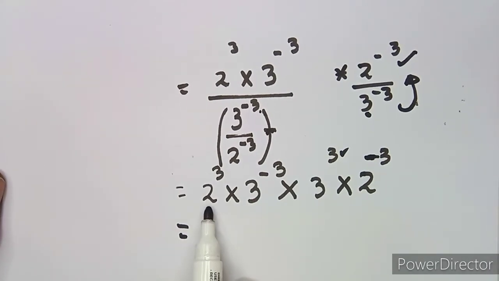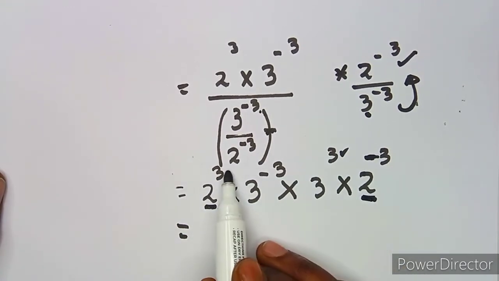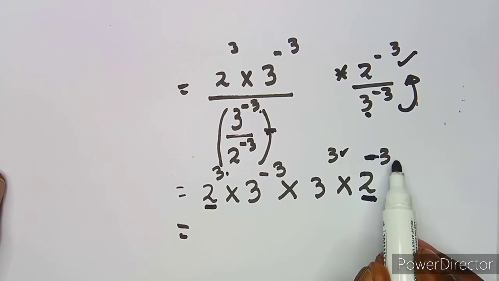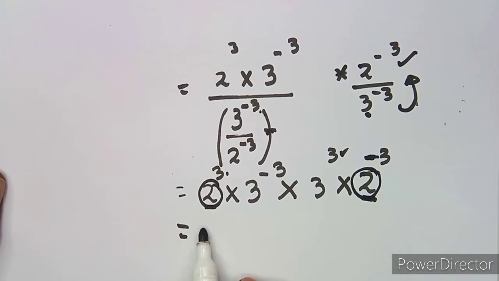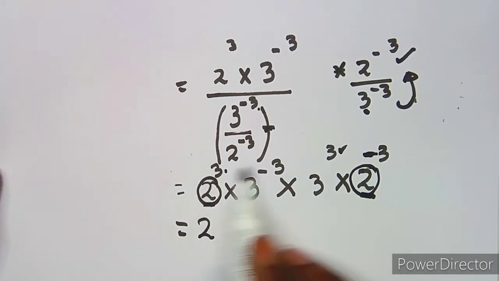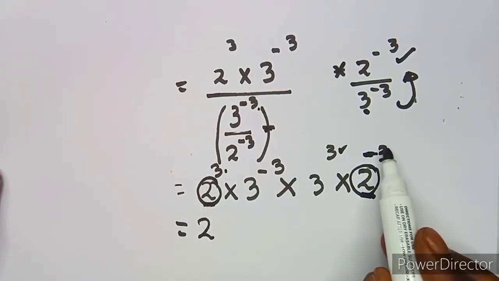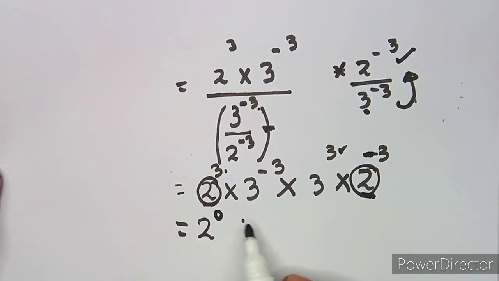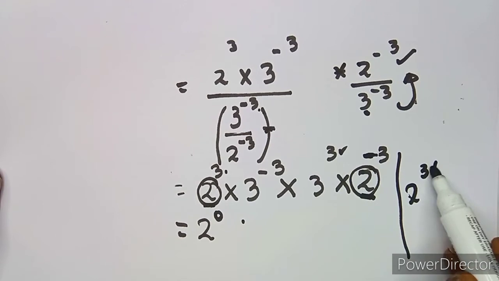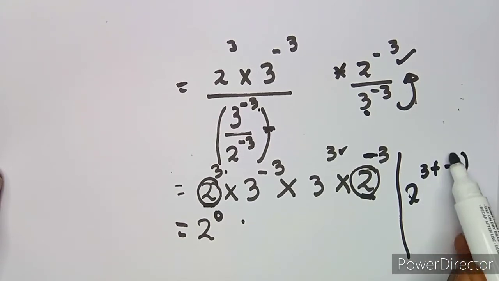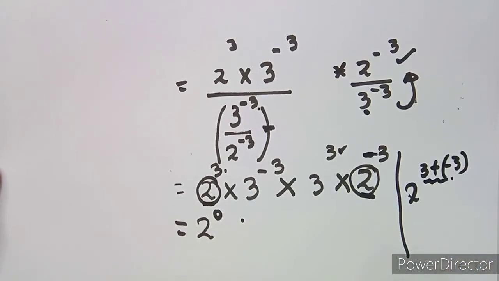Now, starting with 2, you can multiply this. Take note, you are multiplying now. These exponents, we are going to add them because the bases are the same. So we are going to add 3 and minus 3, guys. That's 2 to the exponent of 3 plus minus 3, which is going to give us a 0.